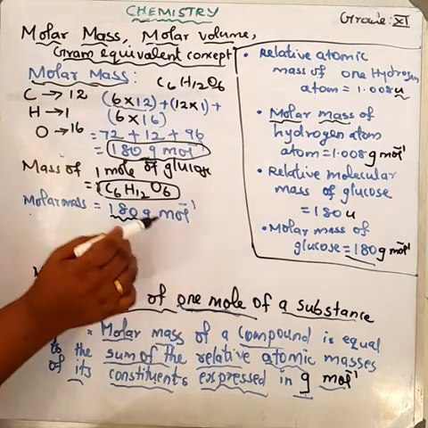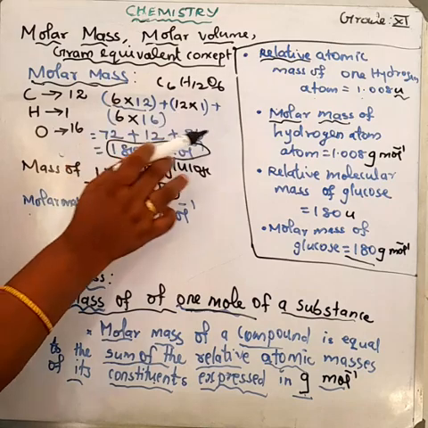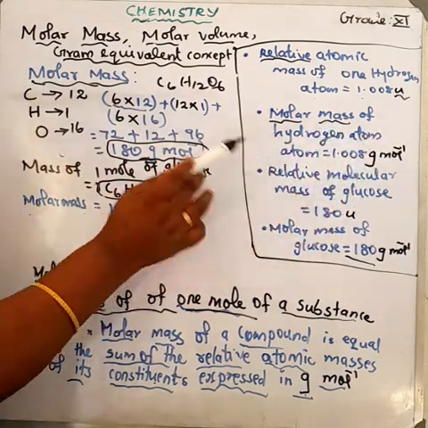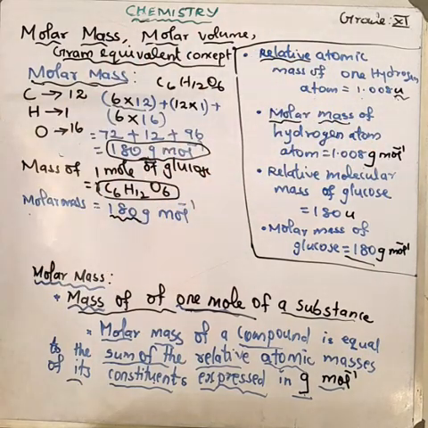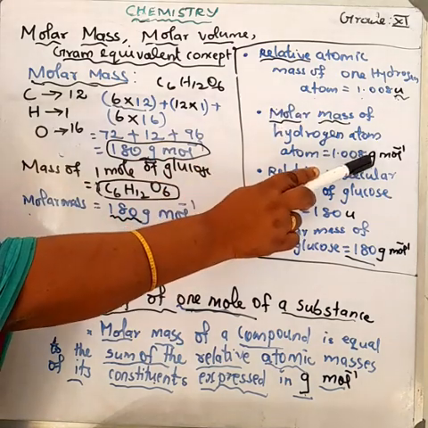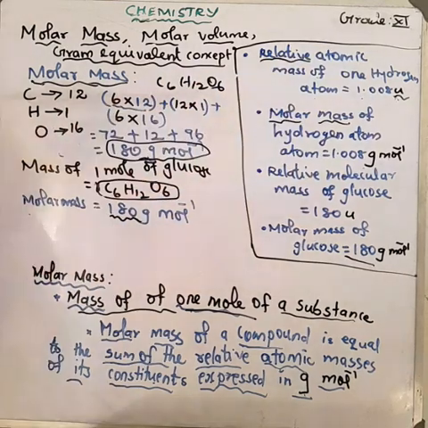Molar mass is expressed in gram per mole, while the relative atomic mass we express in U or AMU, unified atomic mass. So the molar mass of hydrogen atom is 1.008 gram per mole. Understood?